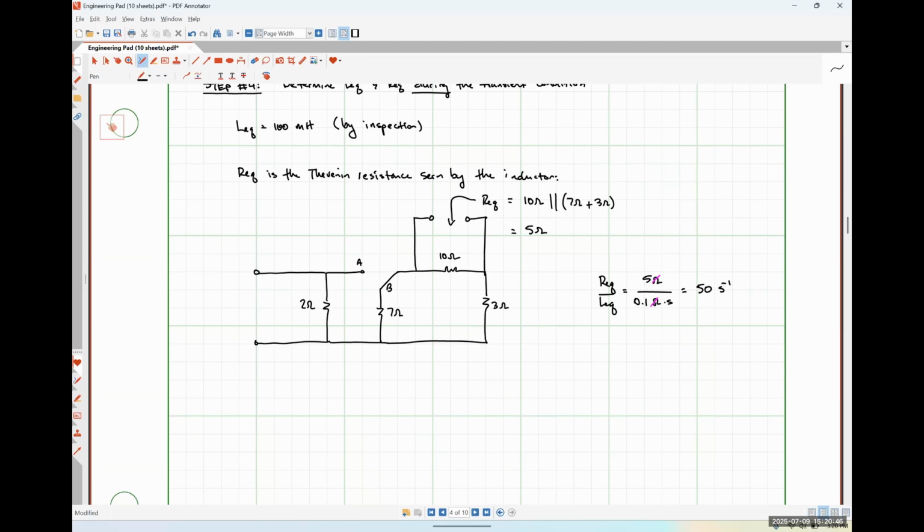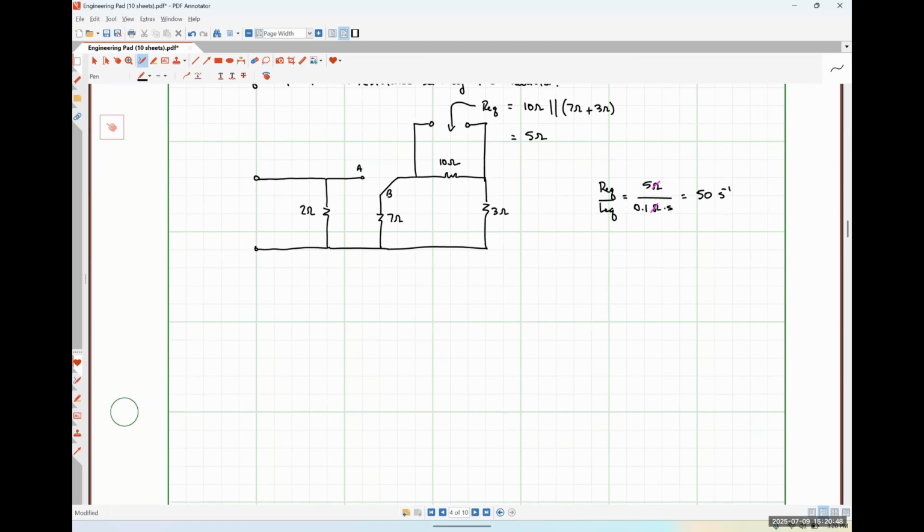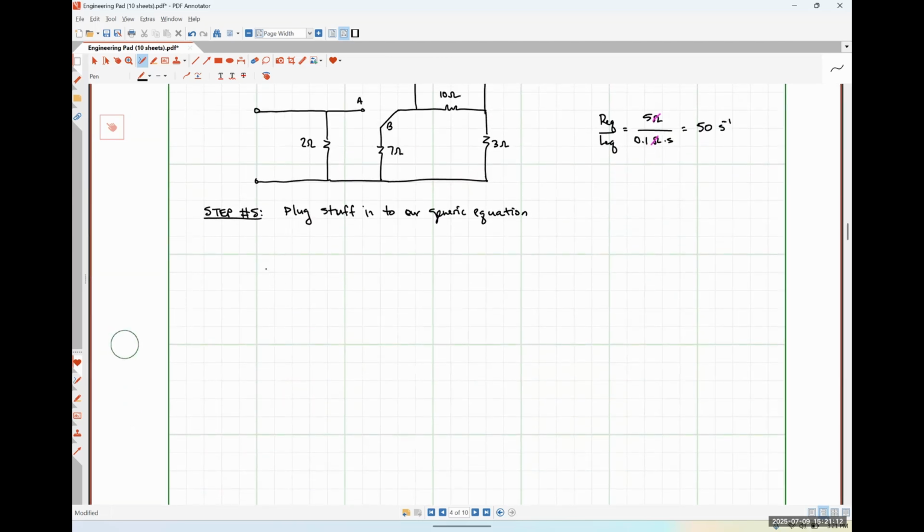So our last step is simply going to be plug stuff in to our generic equation. I'm going to rewrite our generic equation down here for you guys.